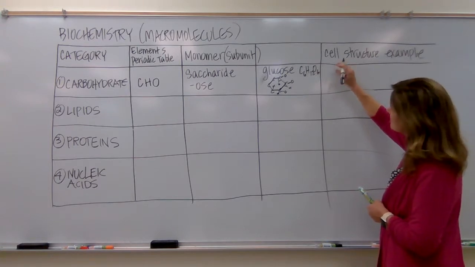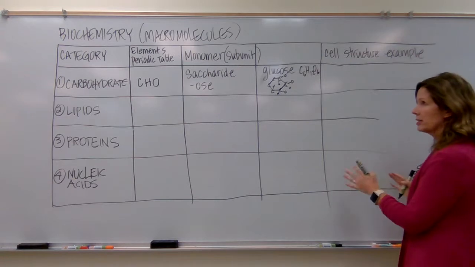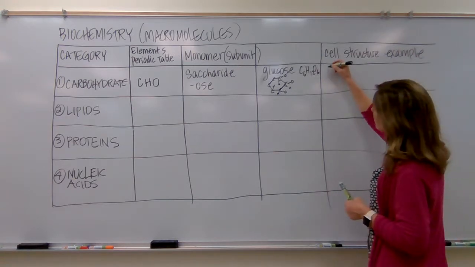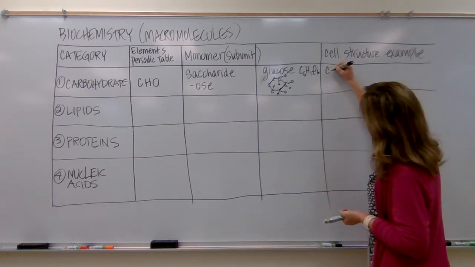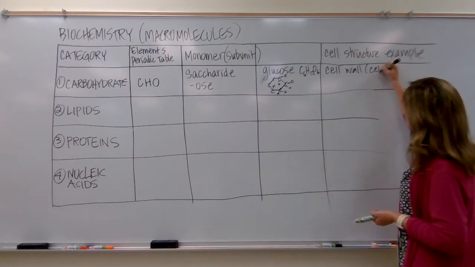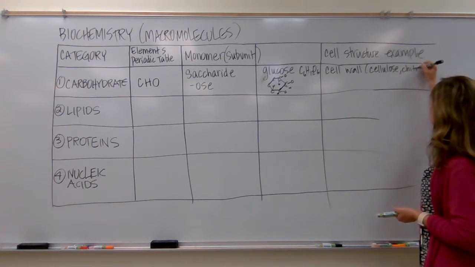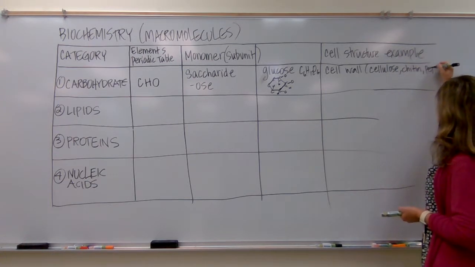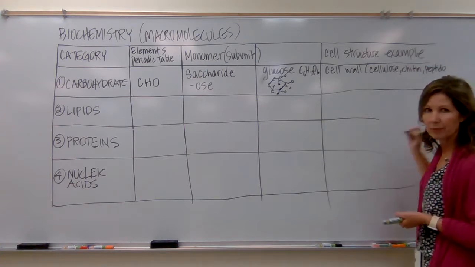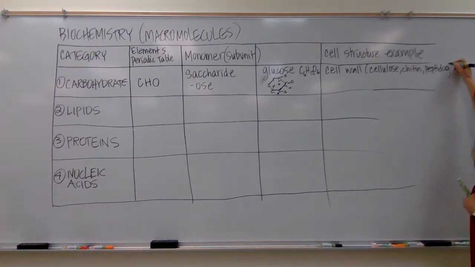Remember, one cell structure that helps differentiate organisms based on kingdoms is going to be the cell wall. So cell wall, and I will just use cellulose, chitin, peptidoglycan as examples.